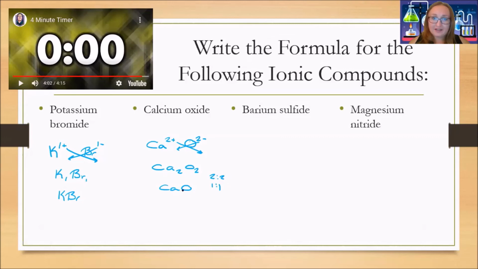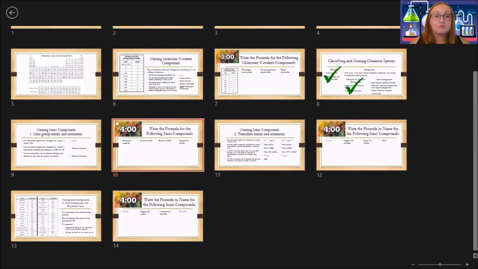Barium sulfide. Barium is Ba. Sulfur, which is where the word sulfide comes from, is S. I know that Ba has a +2 charge, and I know that, oops, actually I should check that one out.